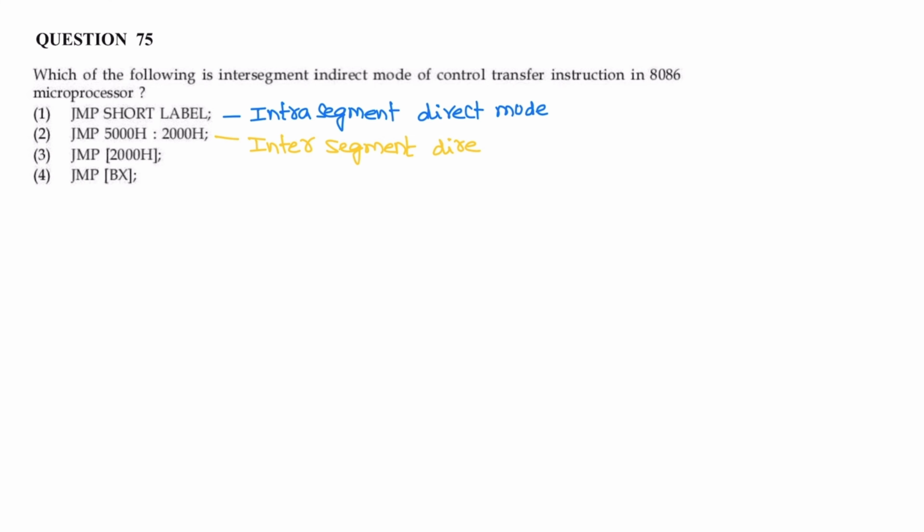Jump 2000H address is inter-segment indirect mode.